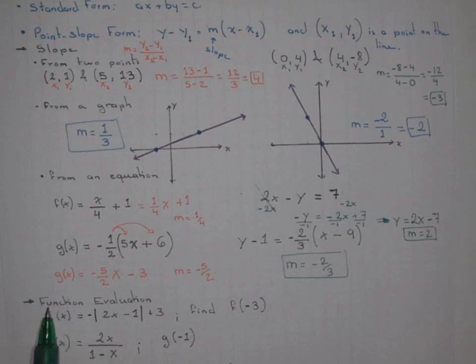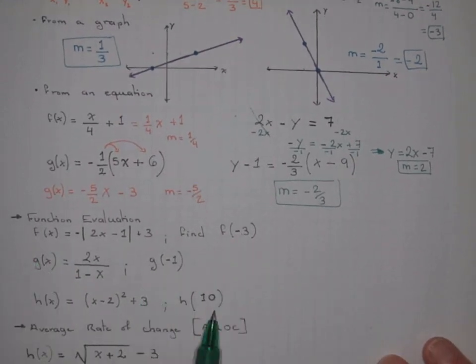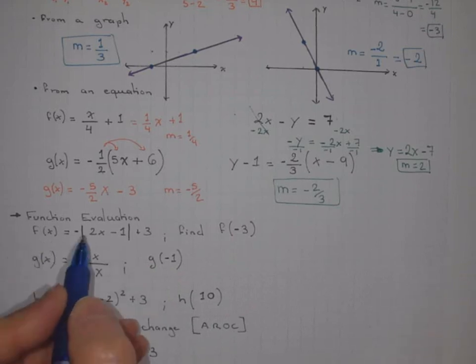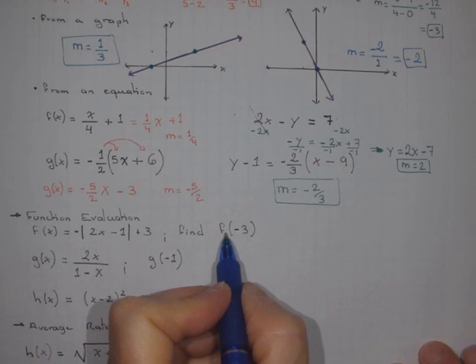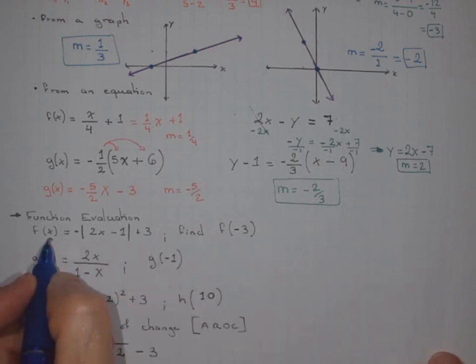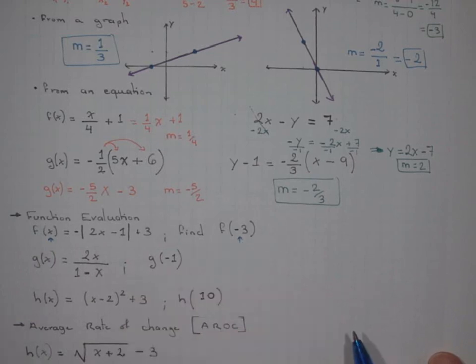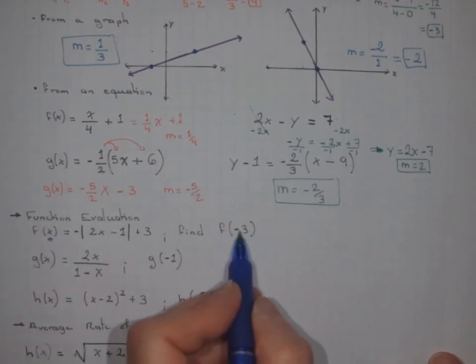Now, evaluation of functions. So if we are given functions and we are told to evaluate them for a specific input, what do we do? Well, f of x is given to us as being the negative absolute value of 2x minus 1 and then plus 3, and we need to find f of negative 3. That just means that wherever we have an x, we need to replace it by a negative 3, right? Notice how f of x became f of negative 3 here.